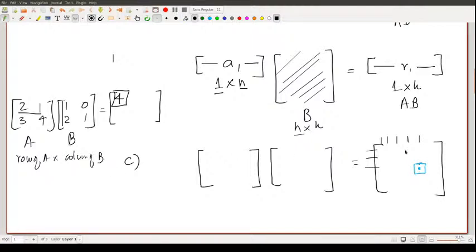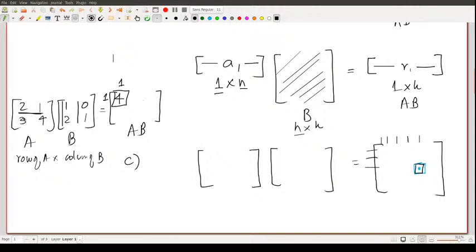So this is a dot product, right? You're taking a row of A times a column of B. Now the question is, this entry will be produced by a row of A times a column of B, but which row of A and which column of B? If I want the first row and first column entry of AB, I take the first row of A and the first column of B. If I want the next entry, then I still take the first row and I take the second column.